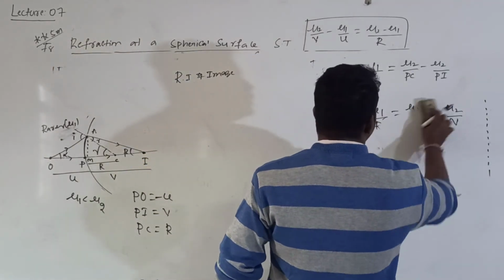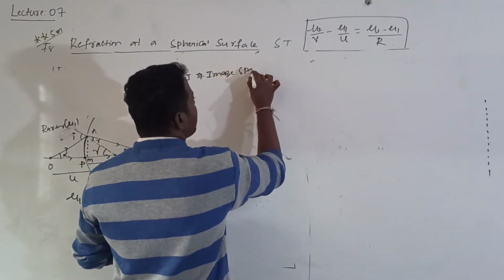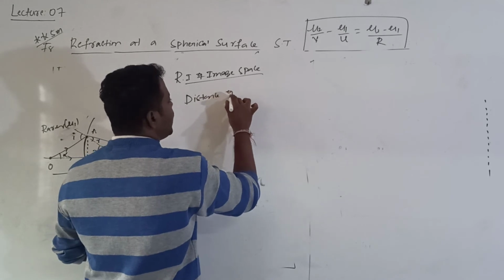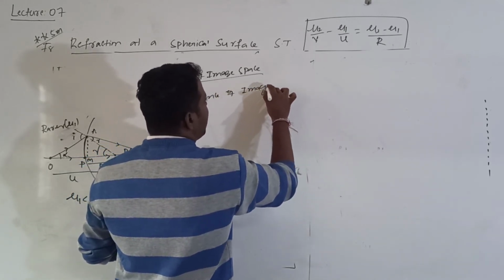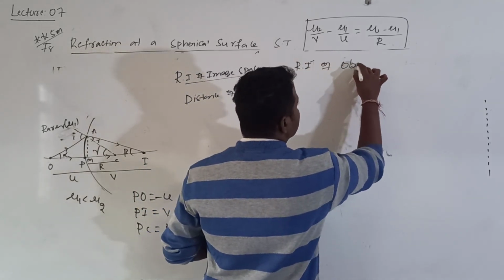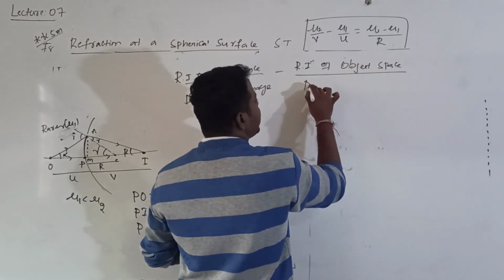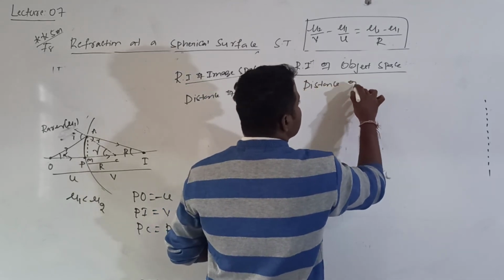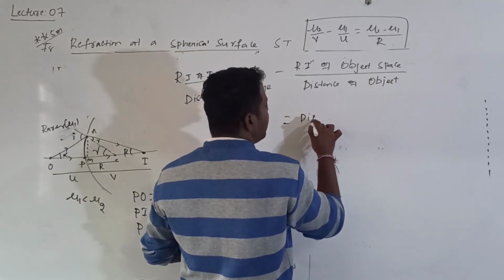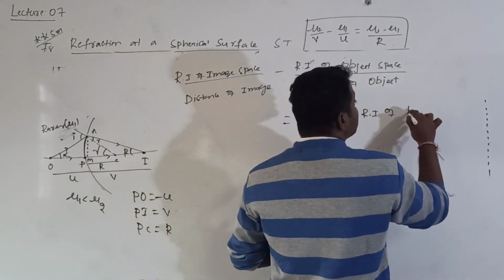I can remember this derivation as follows: refractive index of image space divided by distance of the image, minus refractive index of the object space divided by distance of the object, will be equal to the difference in refractive indexes of image space.